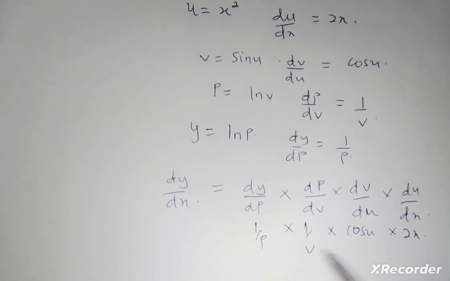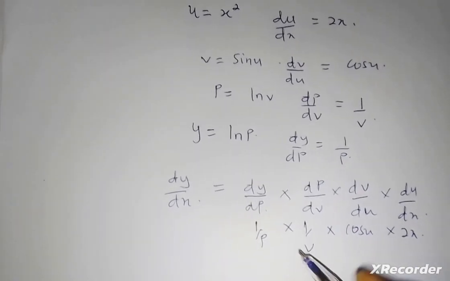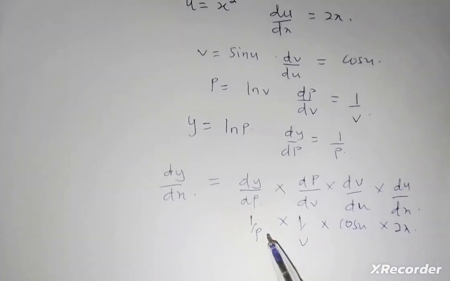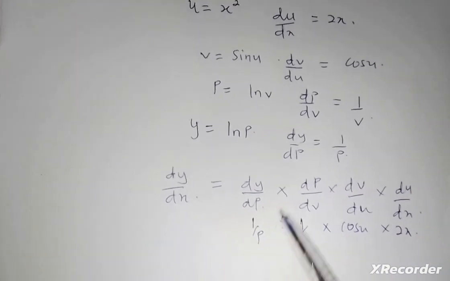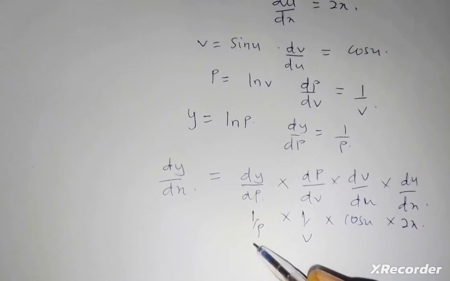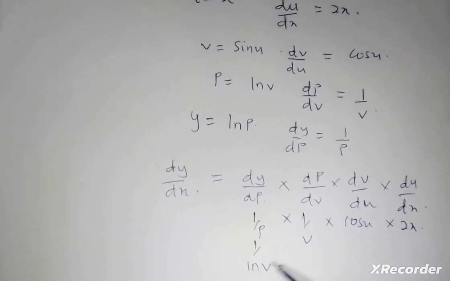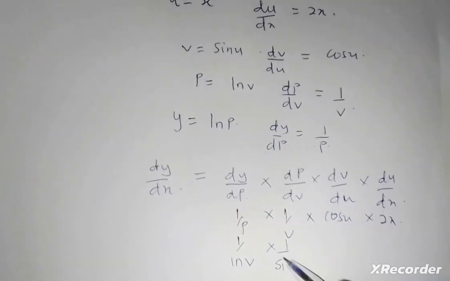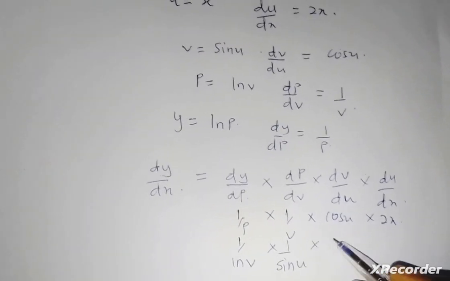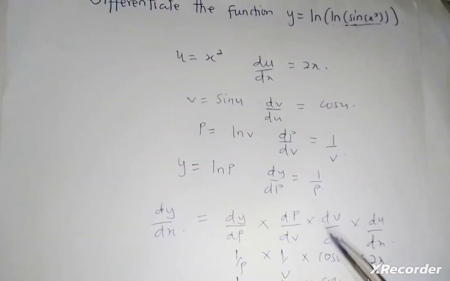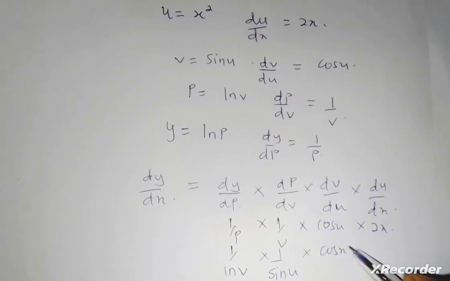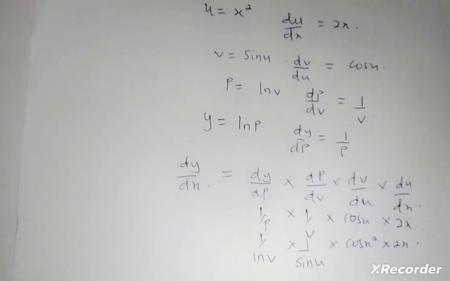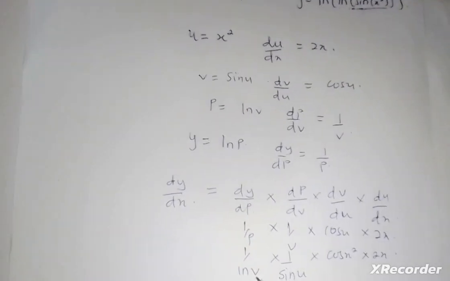We have to multiply everything here. Wherever we see p, we make the necessary substitution. So p is ln v, so we are going to have 1 over ln of v times 1 over v, and v is equal to sine u, so sine u times cos u, our u is x squared, so cos x squared times 2x. Let's move further to represent v with its variable.